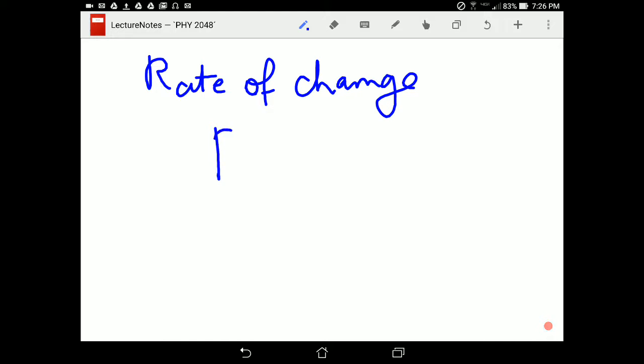So one of the things that's interesting about momentum is to consider the rate of change. If we are interested in that, we will start with the definition of momentum and write it this way, and then we will ask the question, how is this going to change over time?